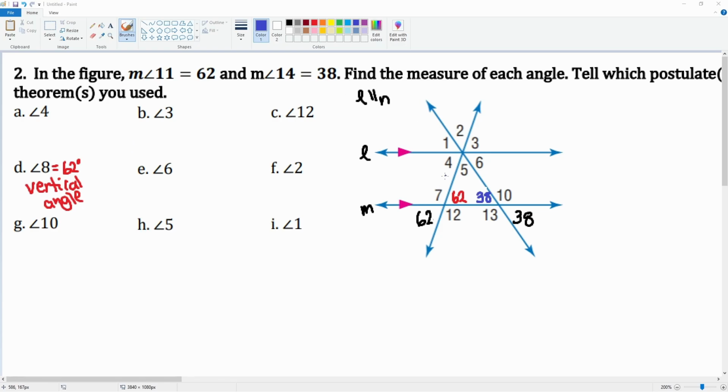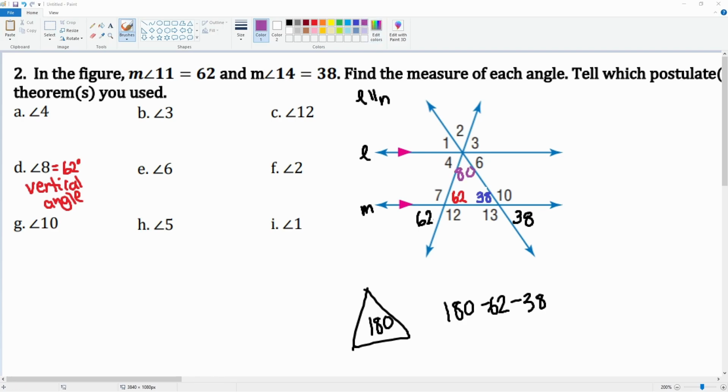We can get 5, and the reason we can get 5 is because inside a triangle, it has to add up to 180, okay? So we can do 180 minus 62 minus 38, and that should get us the value inside of that triangle that we're missing. 180 minus 62 minus 38 is 80, so this can be 80 here.